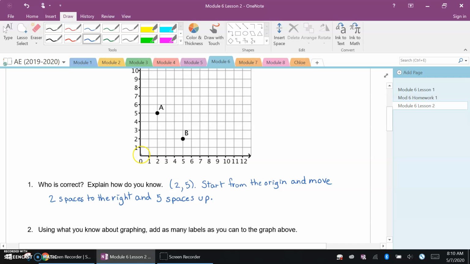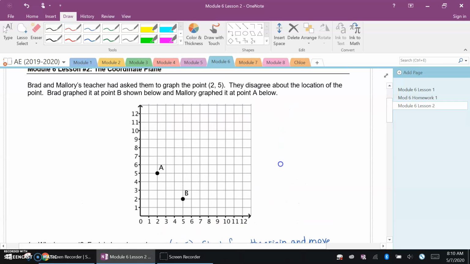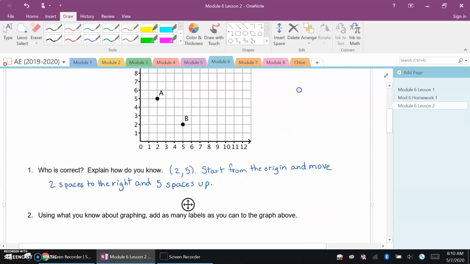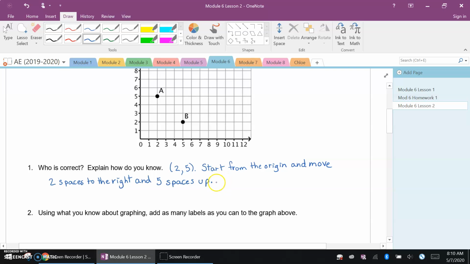So if we start from the origin and we move over 2 spaces and up 5, we're going to be at point A. And looking back up at the problem, it says that Mallory graphed point A. So we would say that Mallory is correct.